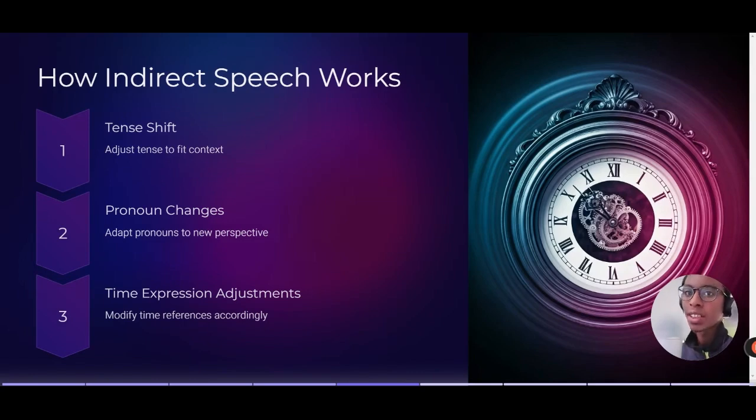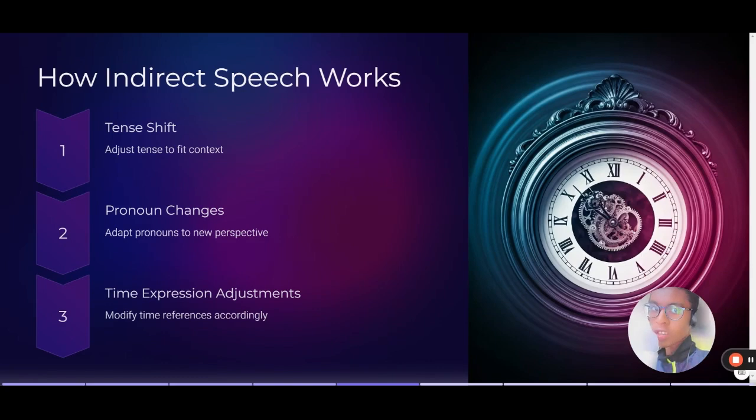The word "that" is commonly used to introduce the reported words, but you can leave it out if you prefer. For instance, using "that": She said that she was going to the store. Without "that": She said she was going to the store. You see, both ways are correct, but using "that" can sometimes make things clearer.